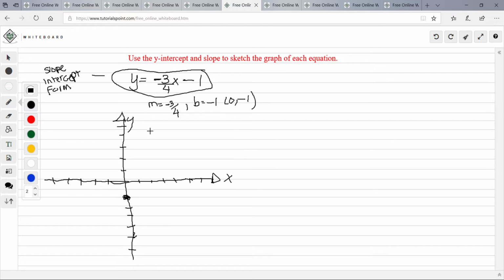And then you look at the slope. Since there's a negative, which way are we going to go? It's not going to be this way, it's going to be this way. So from this y-intercept, you can go up 3, 1, 2, 3, and then 4 to the left, 1, 2, 3, 4. Right? So it'd be right about this.